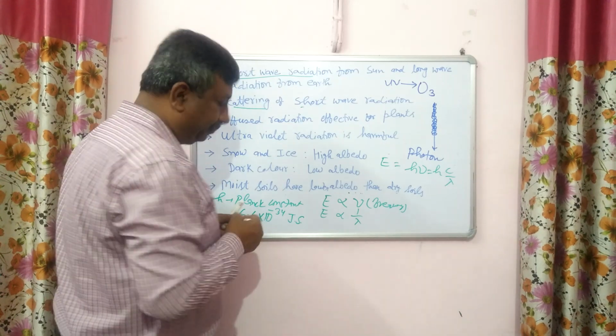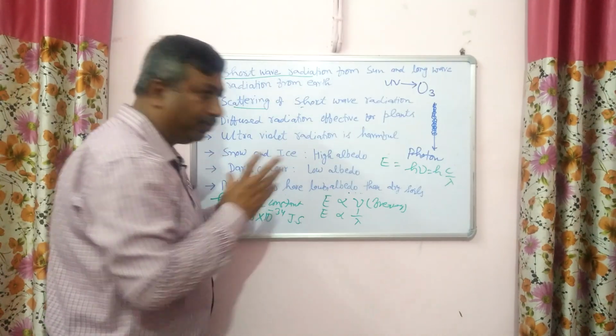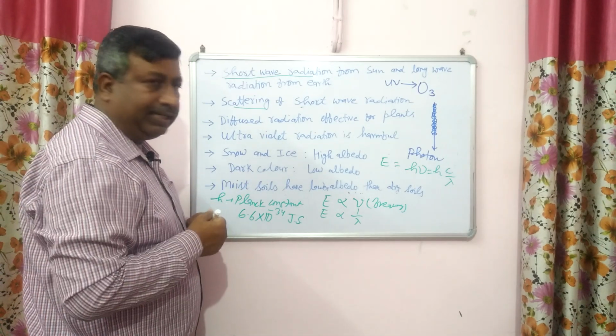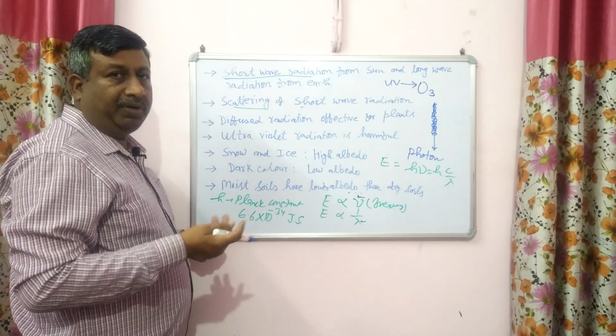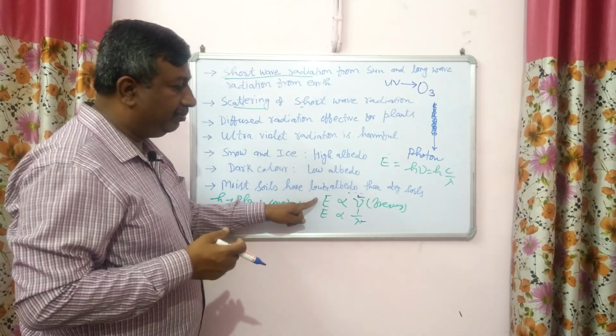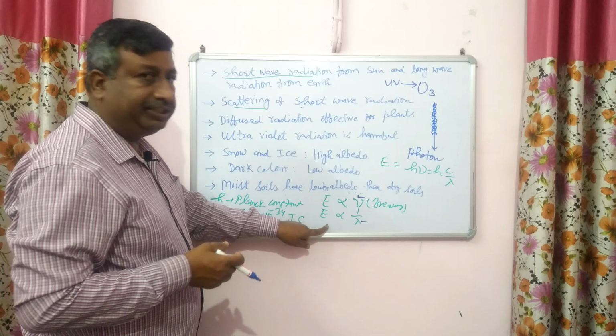So it means the energy of a photon of any radiation will be decided by its frequency or wavelength. If frequency is more, definitely energy will be more. If wavelength is low, then energy will be high.